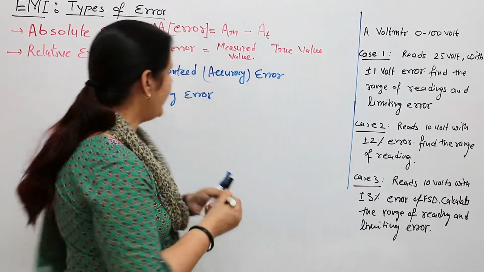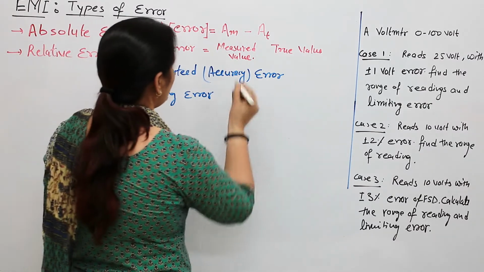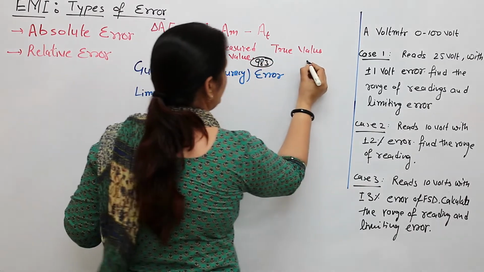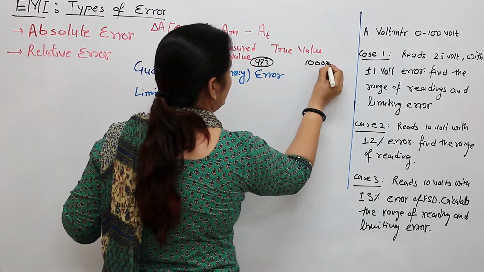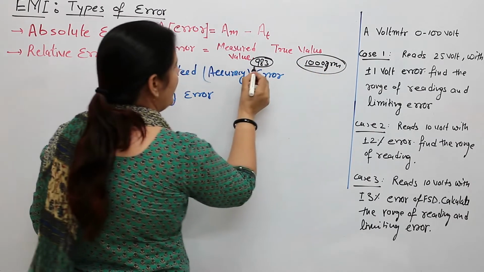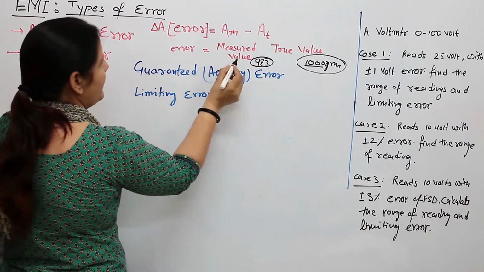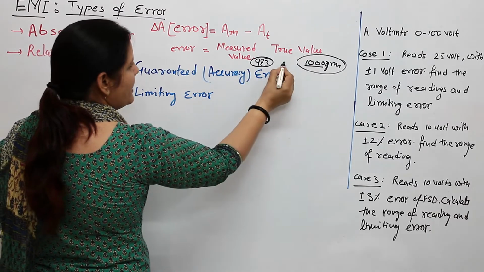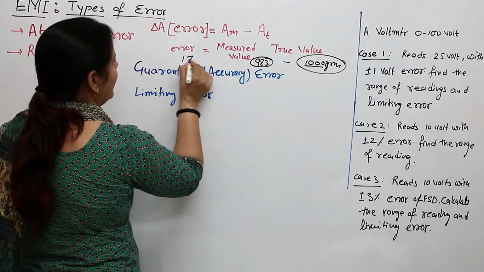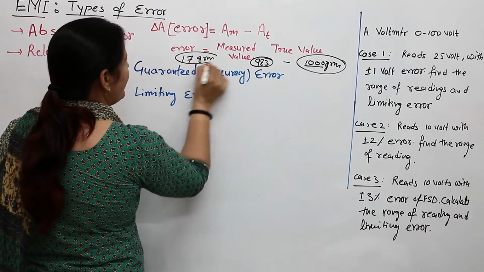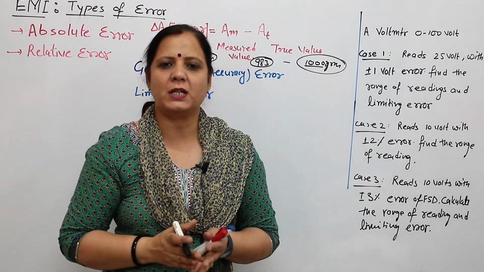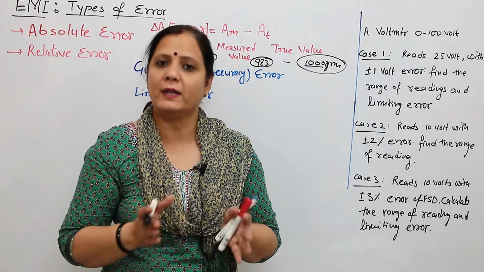So 983 gram is the measured value and the true value is 1000 gram. The error will be 983 minus 1000, or 1000 minus 983, but you are getting an error of 17 gram in the measurement. So you can say that your weighing machine is reflecting an error of 17 gram.